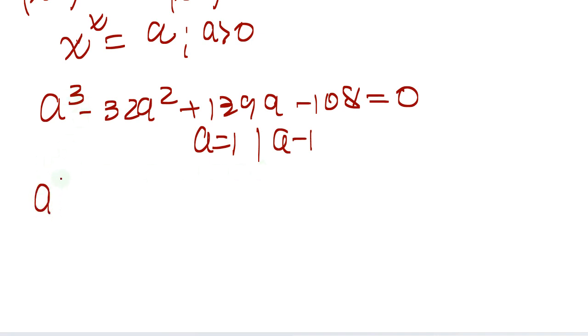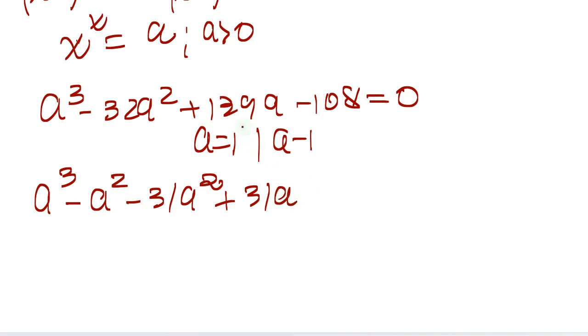So here I'm going to have a to the 3 minus, I have 32a squared here, so I'm going to say minus a squared, and then minus 31a squared, and then here I'm going to need a negative, so I'm going to have plus 31a, and then 139 minus 31, I'm going to have 108, and then plus 108a minus 108, and then this is equal 0.